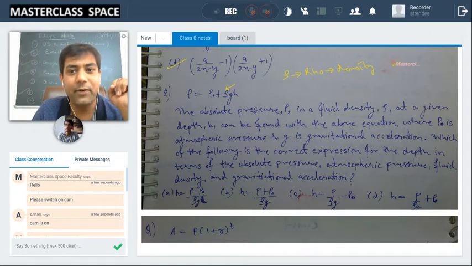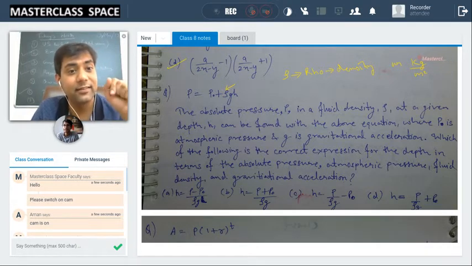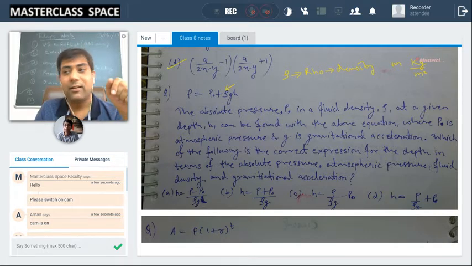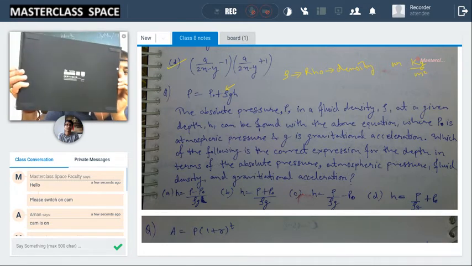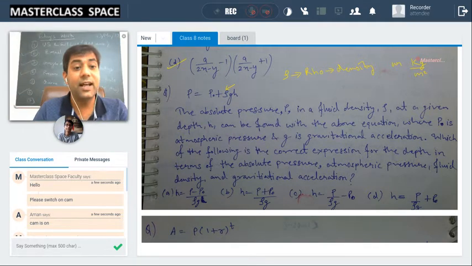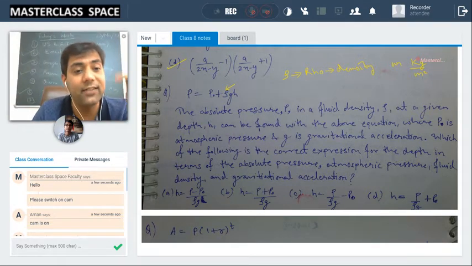I can have kg per meter square also. That's called area density. Like you have a paper sheet, a thin sheet. Then I will be defining area density for this, not volumetric density.